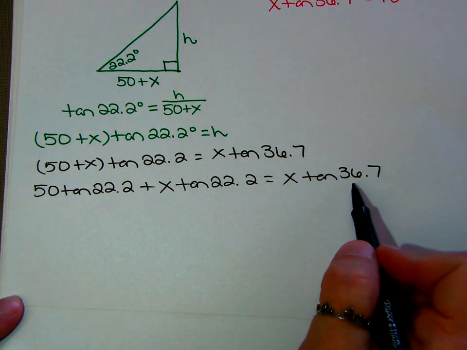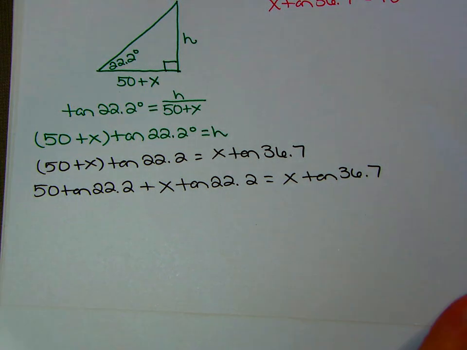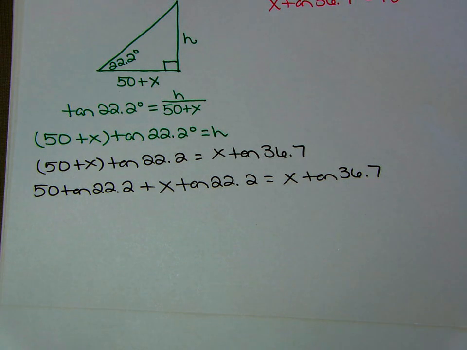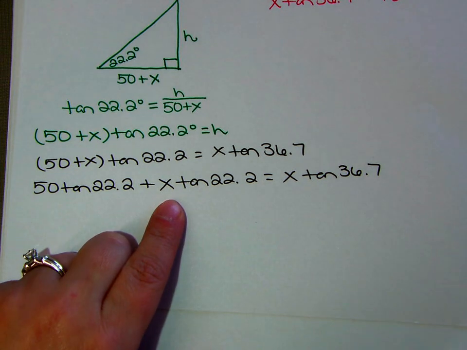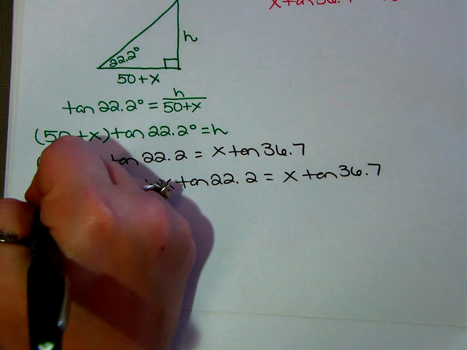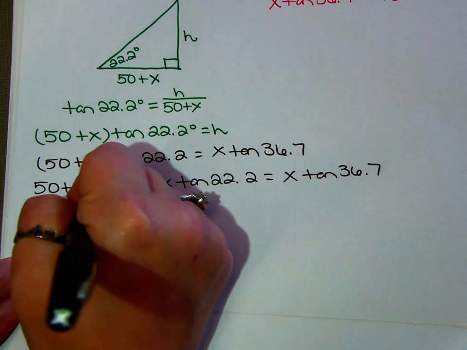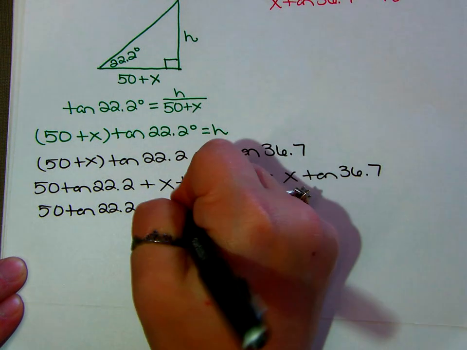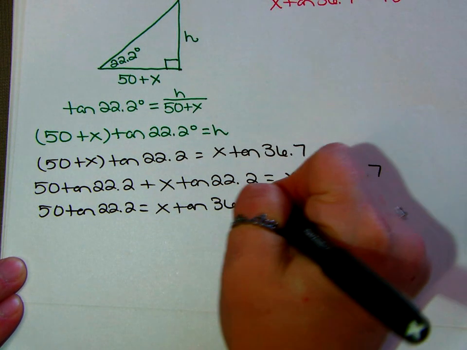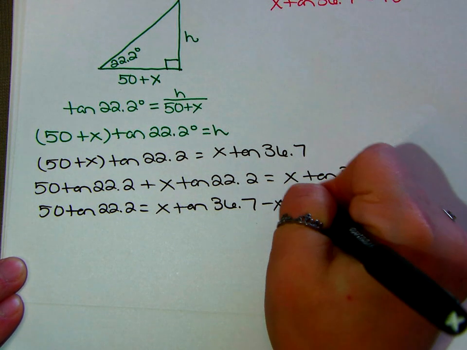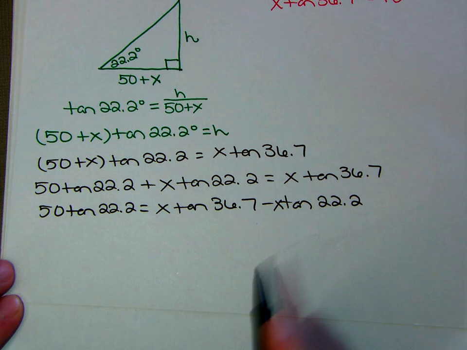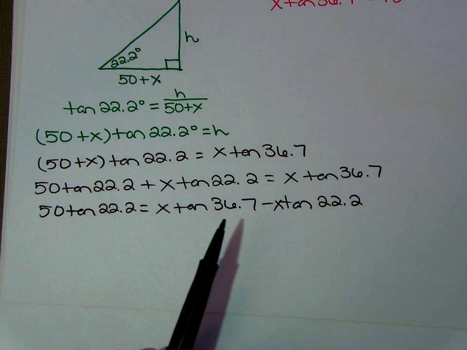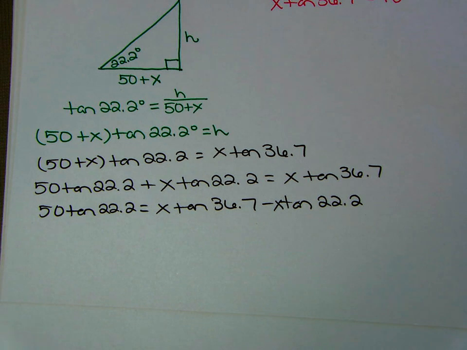If we were trying to solve this as a regular equation, we'd get everything with an x on one side. So I'm going to subtract this x tangent 22.2 over to the other side. Because now, if I look at my two terms on the right-hand side, I have x tangent 36.7 minus x tangent 22.2.